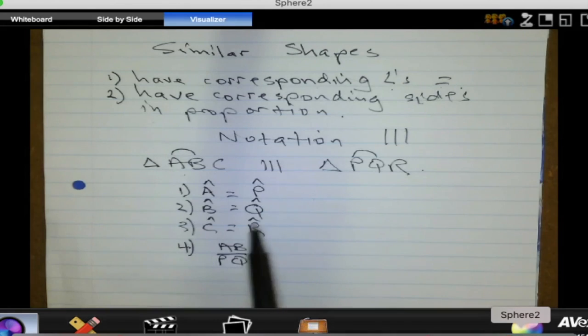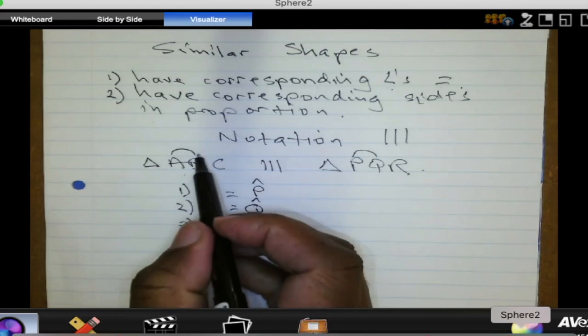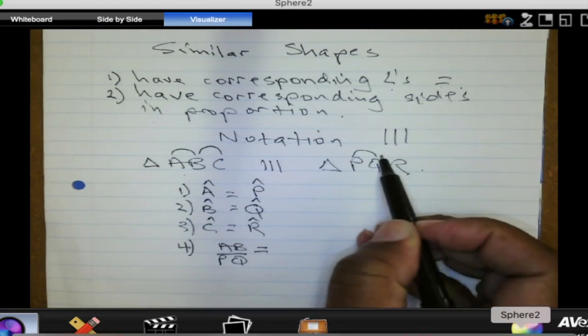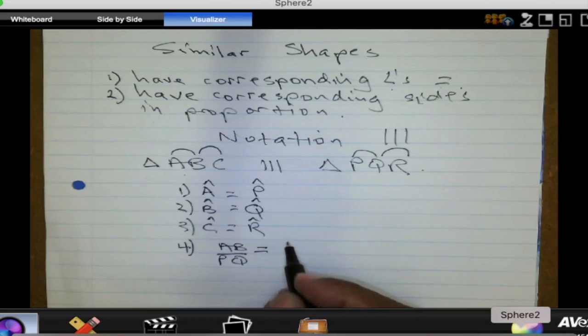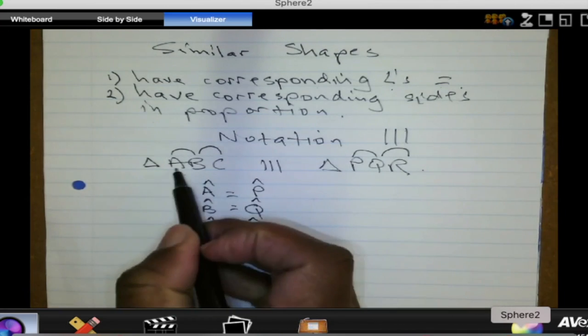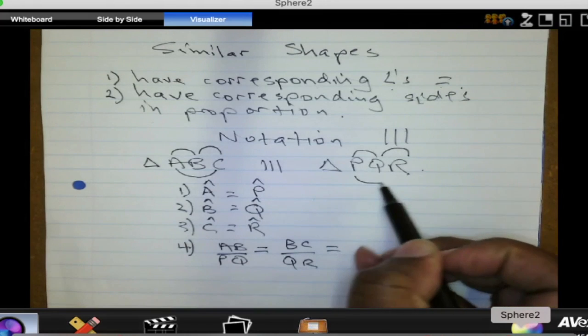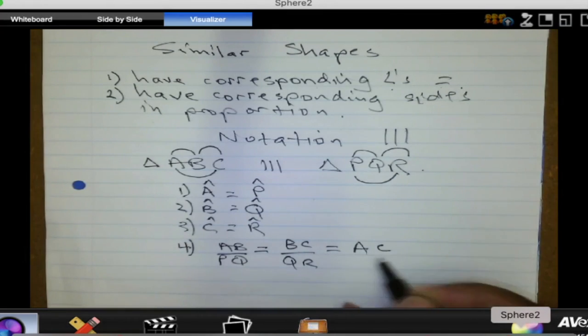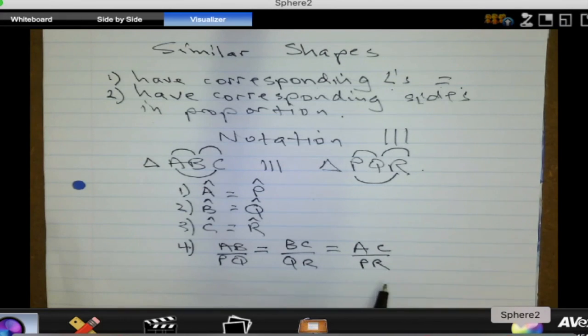So AB divided by PQ must give you the same answer as BC divided by QR. I hope you see those drawings there. We should also get the same answer as AC divided by PR. So AC over PR. So this is what we mean by sides are in proportion, which means the ratios that we get when we divide corresponding sides will be the same.